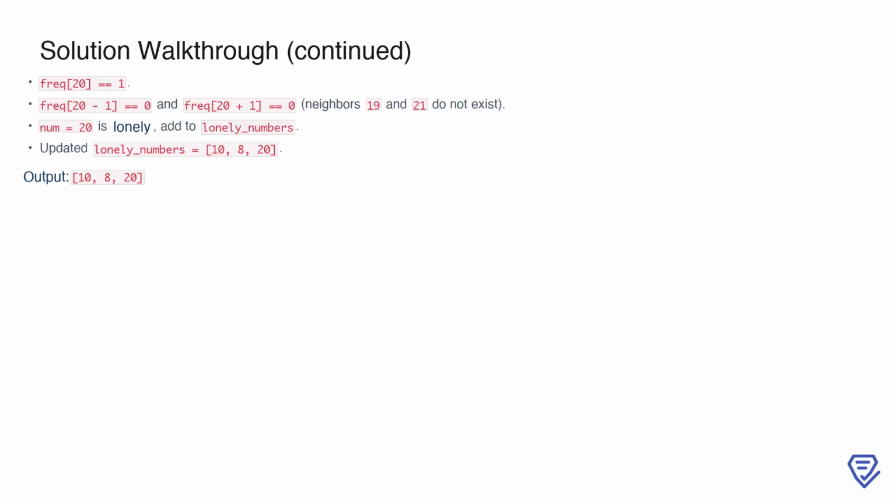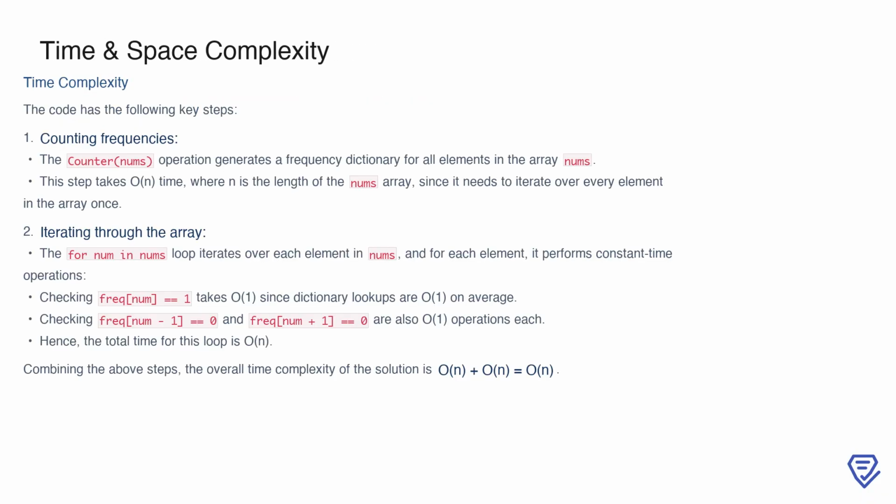To analyze the time complexity of our solution, we start by breaking it into key steps. First, we count the frequencies of all elements in the array using the counter nums operation. This involves iterating through the entire array once, so its time complexity is O(n), where n is the number of elements in the array. Next, we iterate through the array again using a for loop.